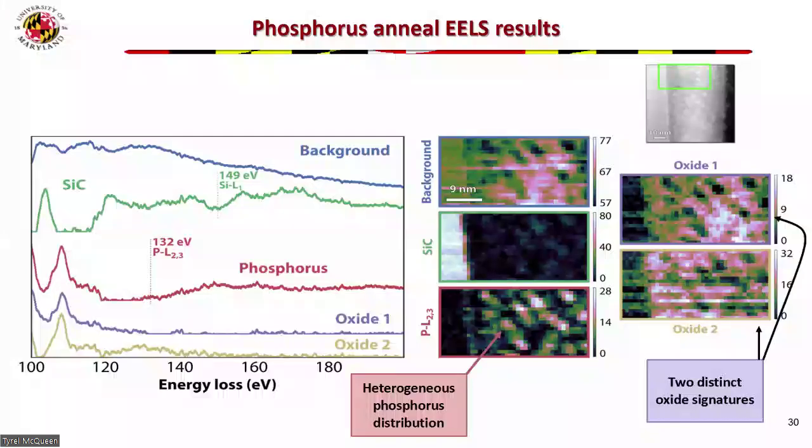But something interesting is that there are 2 different signals for the oxygen. We just call them oxide 1 and oxide 2, and they're more or less in different parts. So they are like sub-oxides, maybe not necessarily SiO2, it could be SiO2 minus X or something like that, in different parts of the silicon dioxide layer.